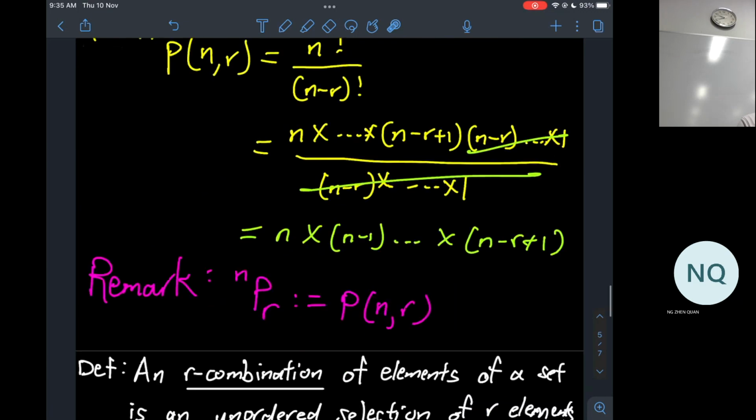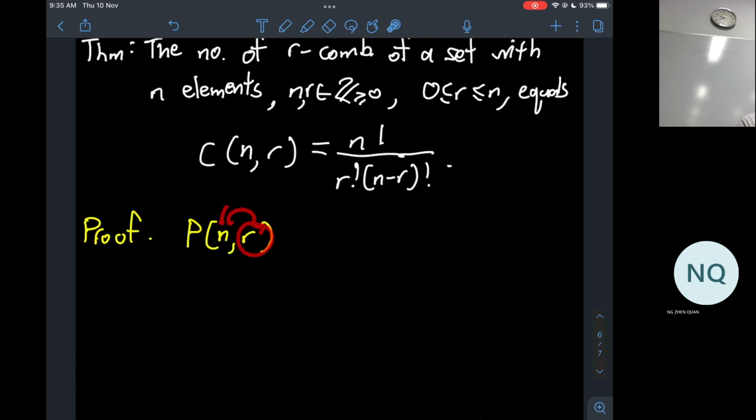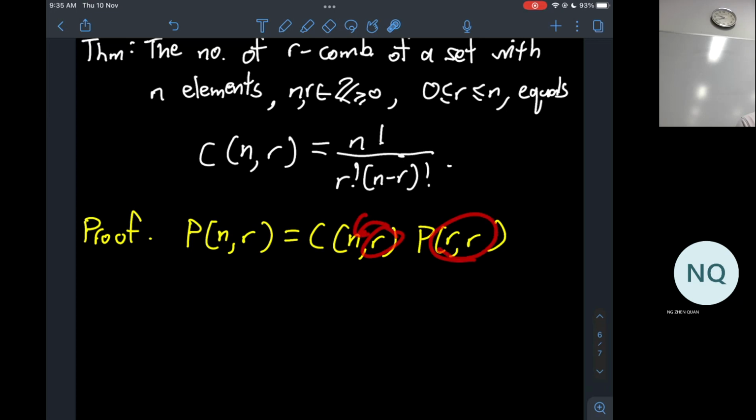Similarly, if you want to pick r elements from n, you can first pick them out, and then you permute them. You pick r elements out of the n elements, and then you permute all the r elements.